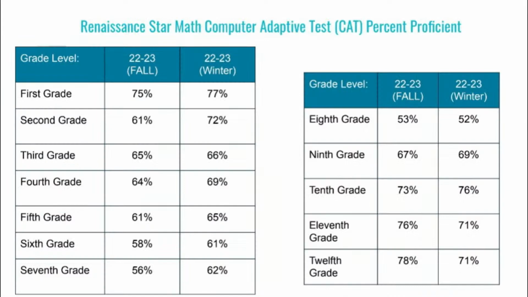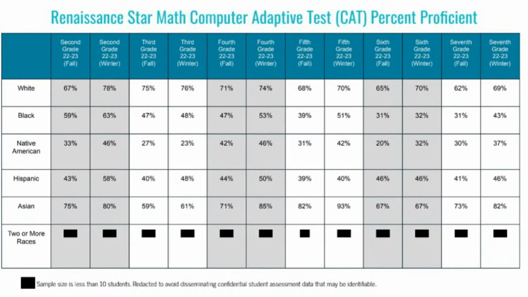And then this goes back to that CAT test or that computer adaptive test. And this is just the math version of that. So again, you'll read across first grade, 75% proficient in the fall, up to 77 in the winter. So as you go through, the information for 1st through 12th grade is there. And the next slide would be your student groups.